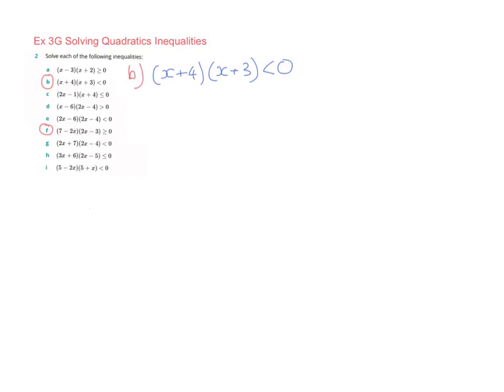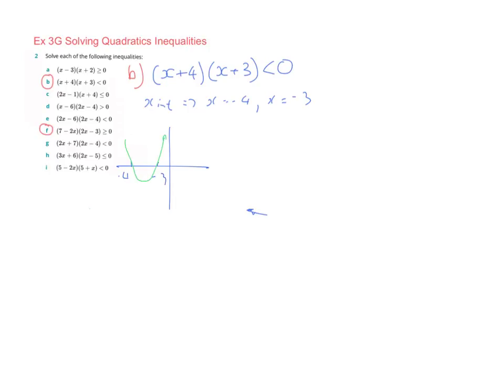The x-intercepts will be x equals -4 and x equals -3. Now, I'm going to draw a very quick graph. So I've got my -4 and my -3.